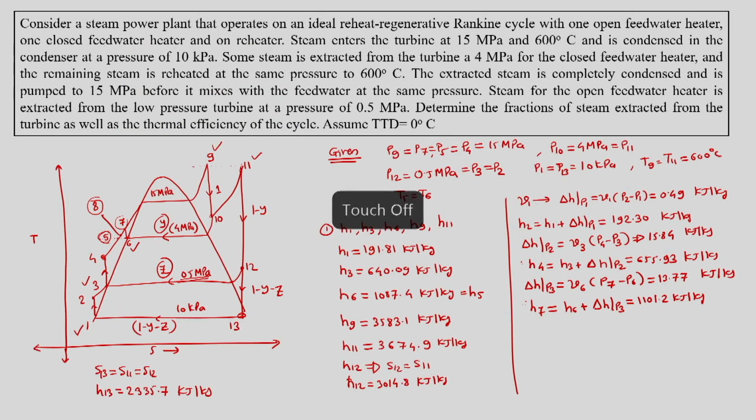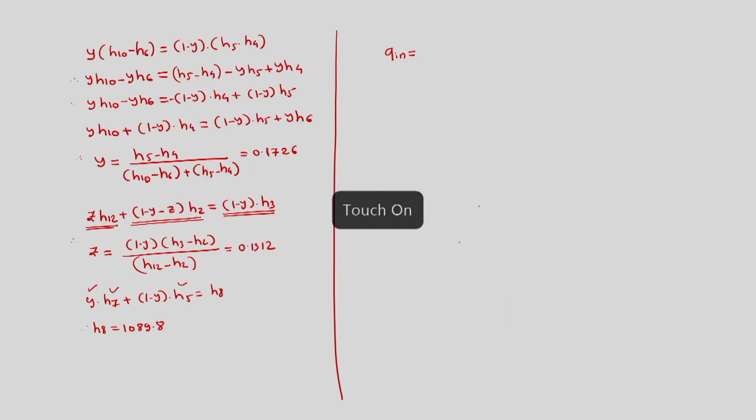There are two cases where we are having heat addition. Here from 8 to 9 we are having heat addition in the boiler, and from 10 to 11 we are having heat addition in the reheater. But from 10 to 11 we have only 1 minus y amount of mass, whereas in the boiler we have 1 amount of mass.